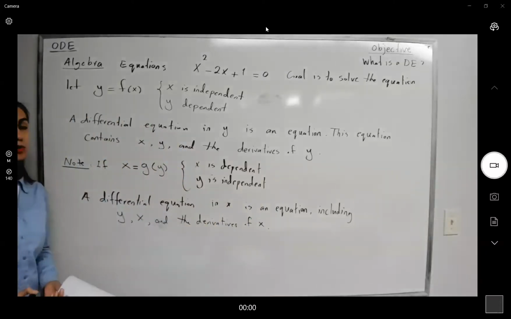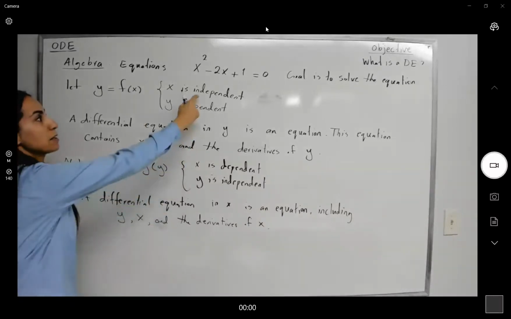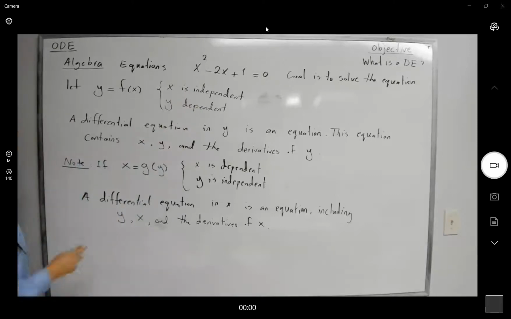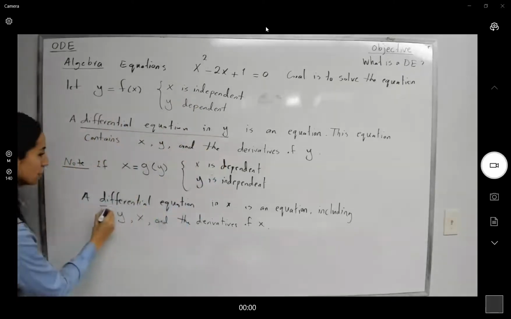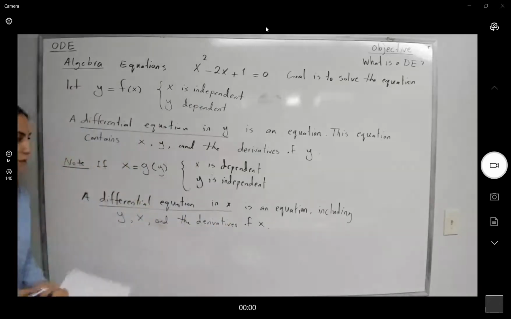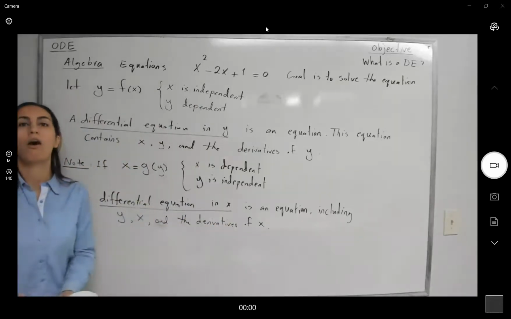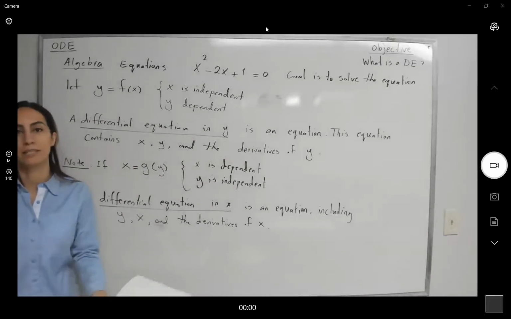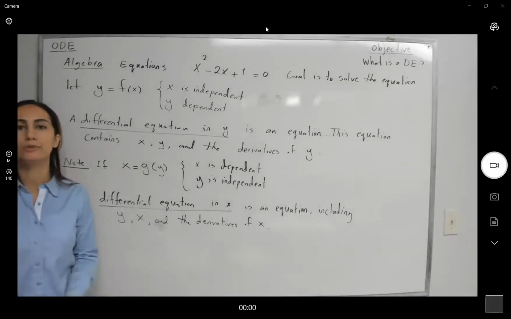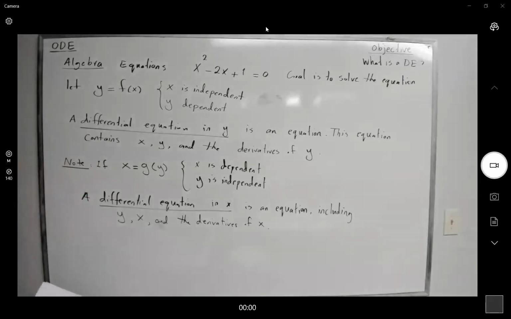So when it comes to differential equations, it's important for us to distinguish what is the independent variable. So a differential equation in y and a differential equation in x. Of course, we can represent other variables as independent variable as well, like t, u, v, and so on.